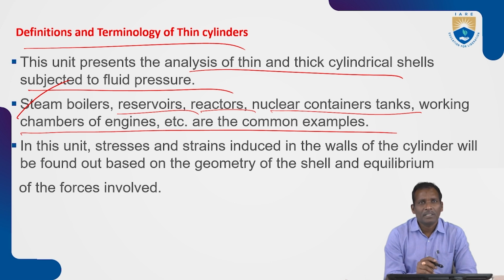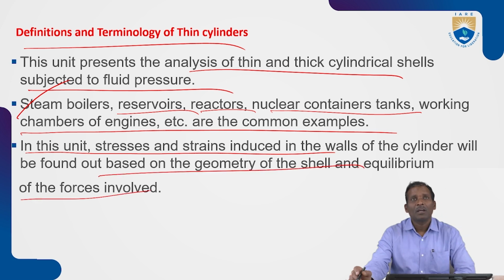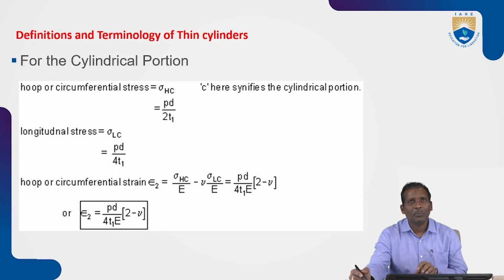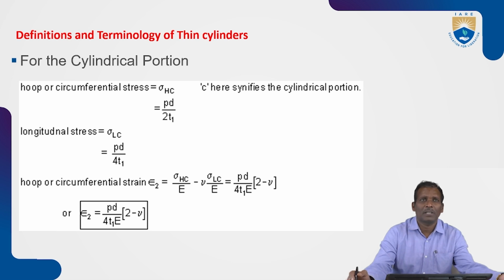In this unit, the stresses and strains induced in the walls of the cylinder are found based on the geometry of the shell and the equilibrium of forces involved. We will focus only on the main definitions and some formulas, because we have already derived them in the theory part and solved problems.